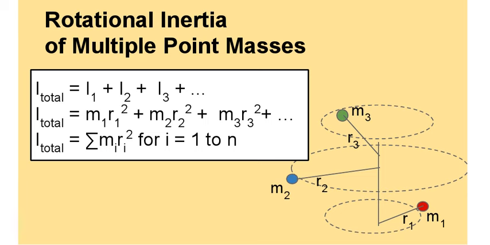If you have a continuous object, then you need to use calculus, and instead of the summation, we need to integrate. We want to integrate r squared with respect to m, and that would give us the moment of inertia.